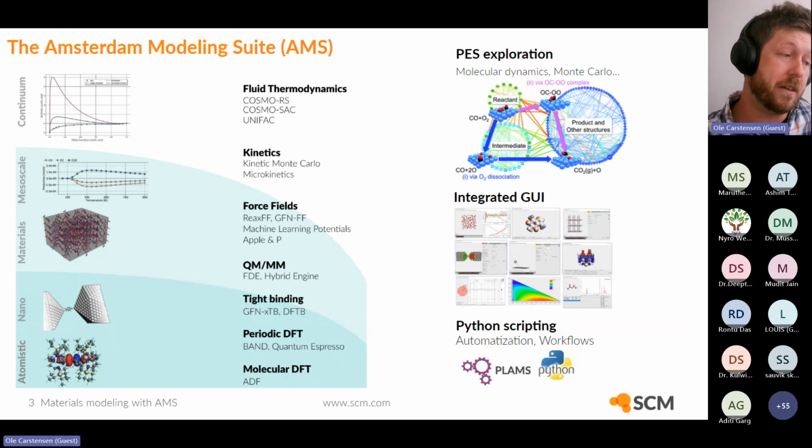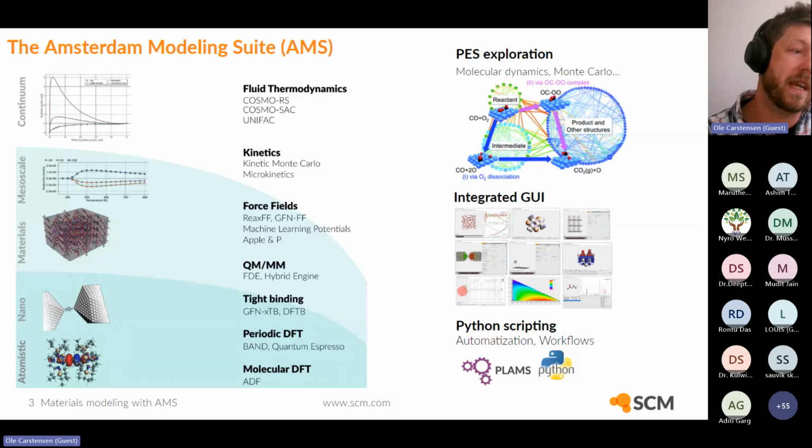Then, of course, we have here the reactive force field ReaxFF. We'll see a bit later what that is all about, and then we'll also see some applications that are linked to batteries of this ReaxFF force field. On the upper scale, we have some kinetics code. So we have a kinetic Monte Carlo code, PyZacros, for example, and then up into fluid thermodynamics.